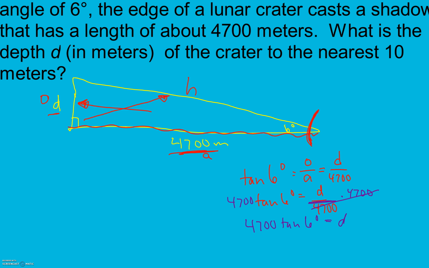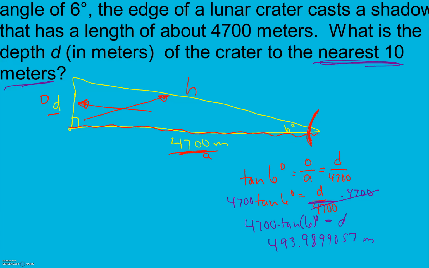We can go ahead and type that in our calculator. Just like I have written, 4,700 times tangent 6 close. Because it'll give you a parenthesis with your tangent. Here I get 493.9899057 meters. But we rounded to the nearest 10 meters.